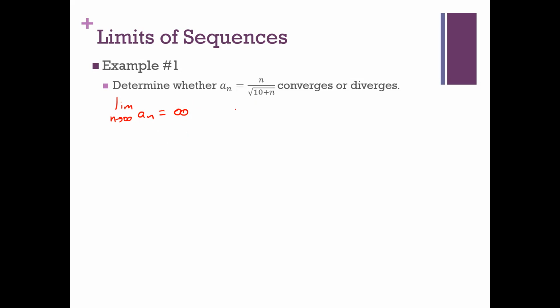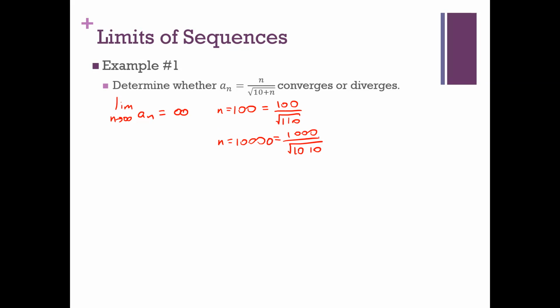Can we look at some terms way out in the future to convince ourselves here? If n equals 100, what does this thing equal? 100 over the square root of 110? That'll be something like 10, right? What about when n equals 1,000? That'll be 1,000 over the square root of 1,010.